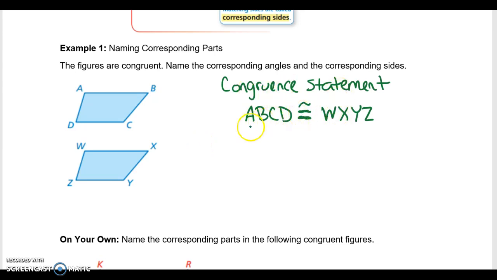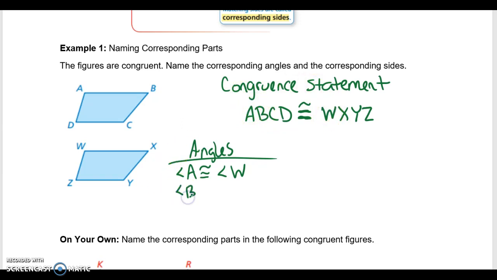They are helpful. Now, to name the corresponding angles, let's make ourselves a little place for this. We write the angle sign out front. So angle A is congruent to angle W. And you can look at the picture in this case. If they were flipped, it's way easier to look over here. This first letter is congruent to that first letter.